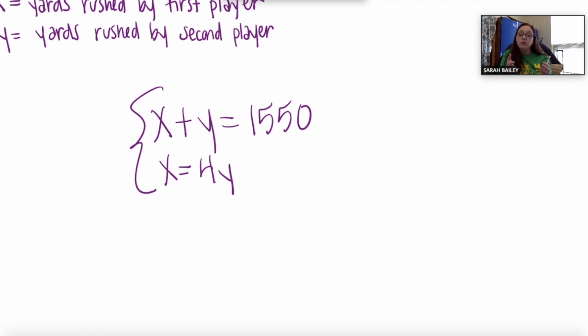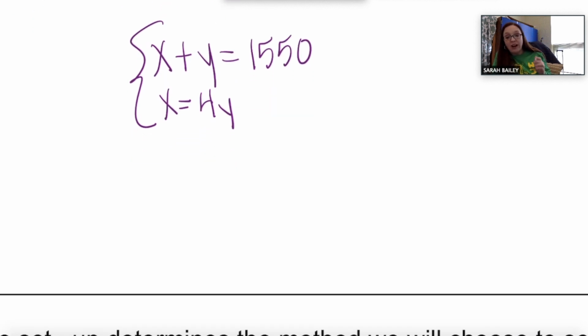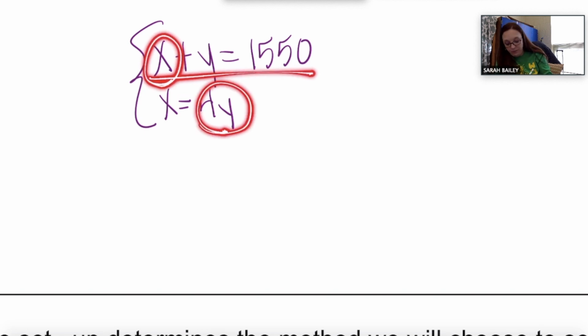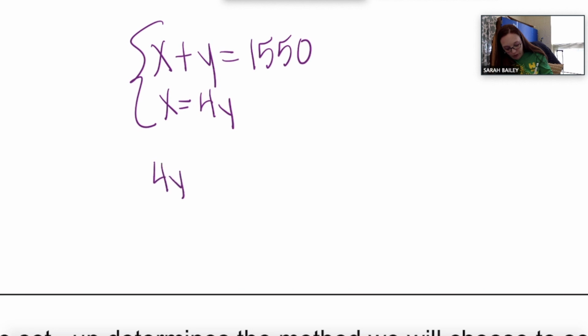Okay, so this one, like we said, we're going to use substitution. So I'm going to rewrite the first equation, but I'm going to replace the x with a 4y. So I'm going to write 4y plus y equals 1550.